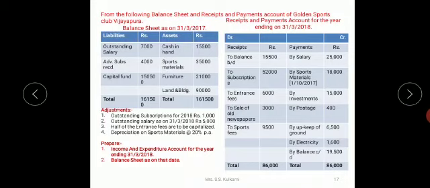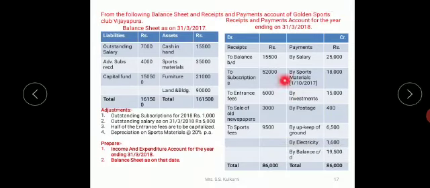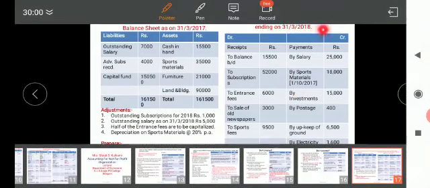In this problem we have the balance sheet given for the previous year. Whatever information is given in the balance sheet pertains to the last year, and whatever information is given in the receipts and payments account pertains to the current year. How to distinguish between the previous year and current year is by referring to the dates of the receipts and payments account.